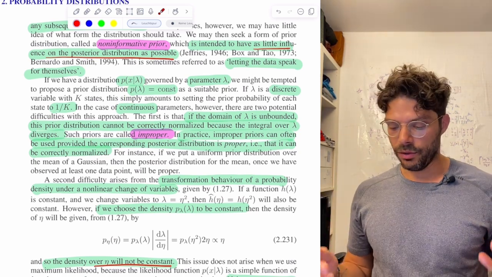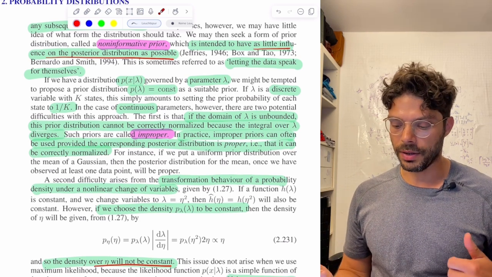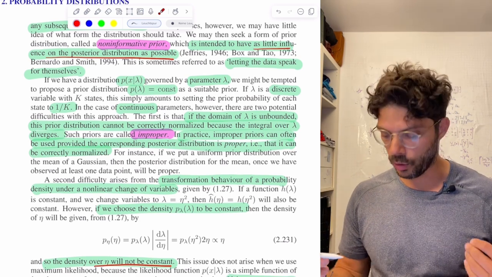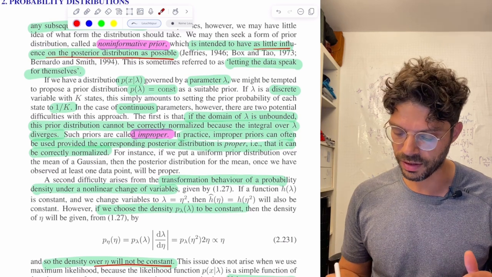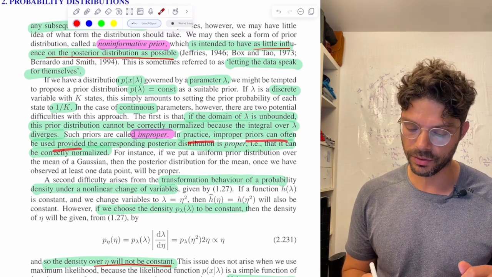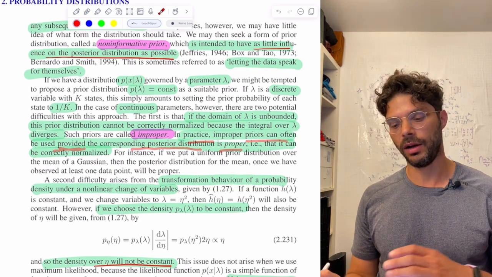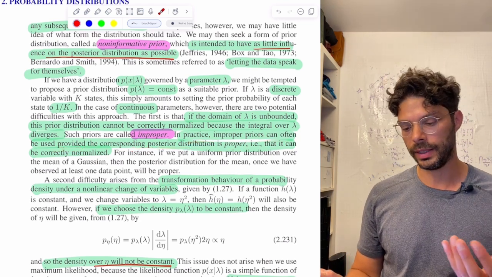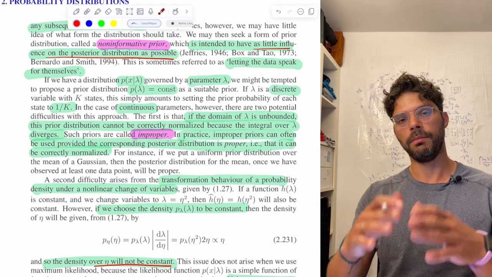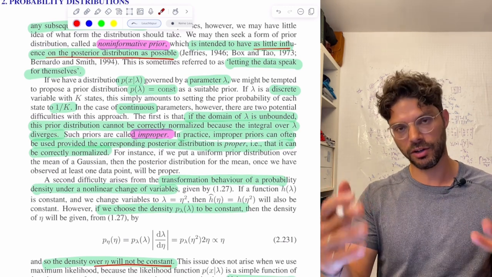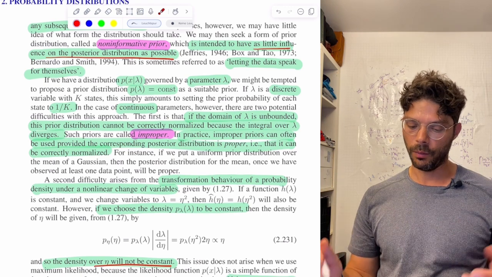It doesn't mean that we can't use them, and indeed we'll see some examples where I believe we will end up using them. It says that in practice, improper priors can often be used provided the corresponding posterior distribution is proper. So as long as the influence of the likelihood gives us a posterior distribution that does integrate to 1, we're okay.